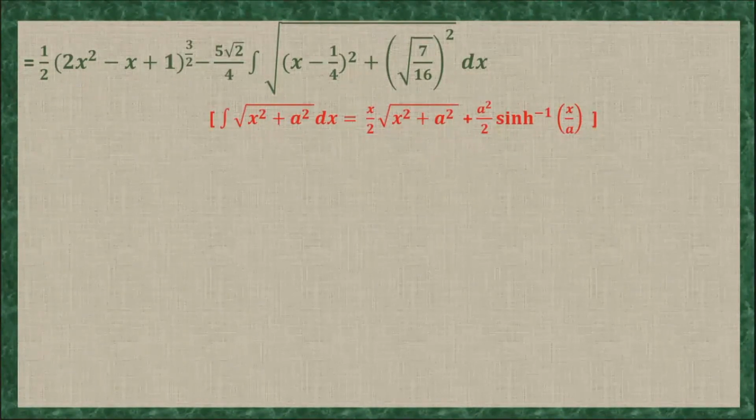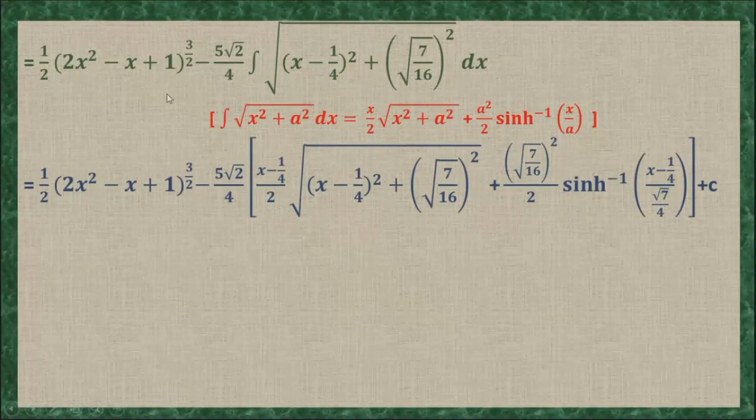So by applying this, the first term is as it is, 1 by 2 into root, 1 by 2 into (2x square minus x plus 1) whole to the power of 3 by 2, minus 5 root 2 by 4 into integration. Now here I am applying the formula. X by 2, x here is nothing but x minus 1 by 4, by 2 into root of x square plus a square. X square plus a square means the above step as it is, (x minus 1 by 4) whole square plus (root 7 by 16) whole square, plus a square by 2.